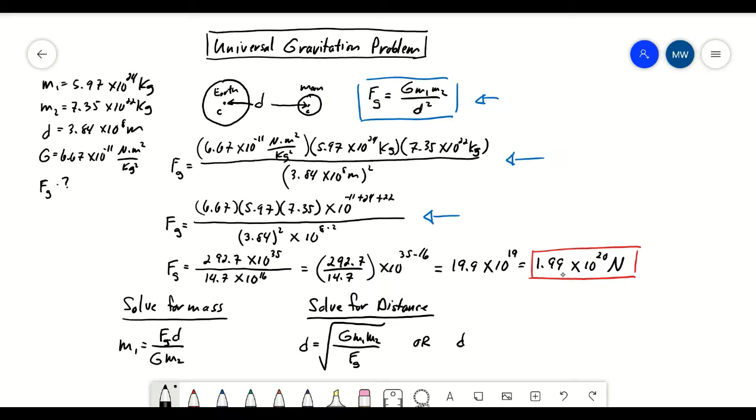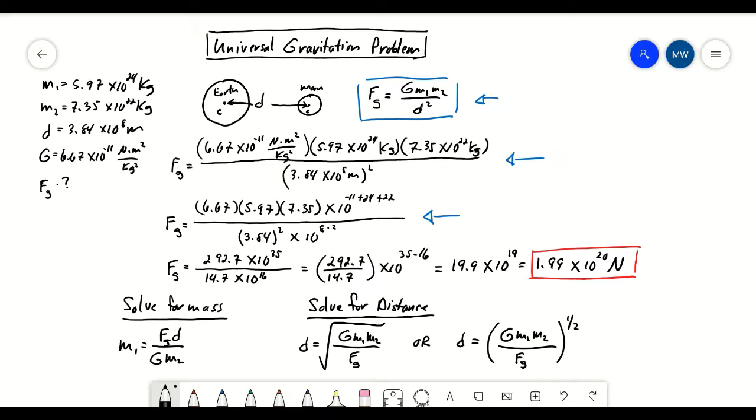The workaround for this is that I can rewrite this, big G, m1, m2 divided by our force of gravity. The way that I can write the radical or the square root is I can make it to the 1/2 power. And if I do that, now I can use my rules that I did over here when I have a power to a power. I can just simply multiply whatever I have here by 1/2.